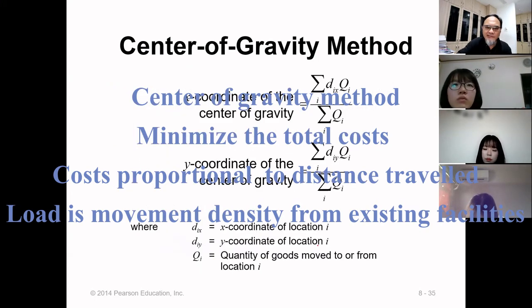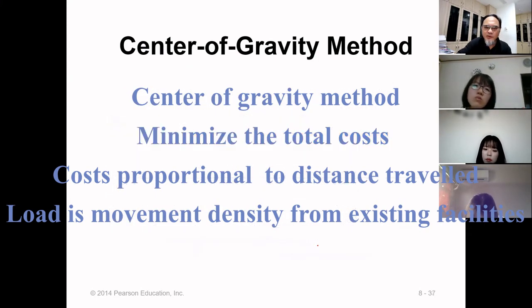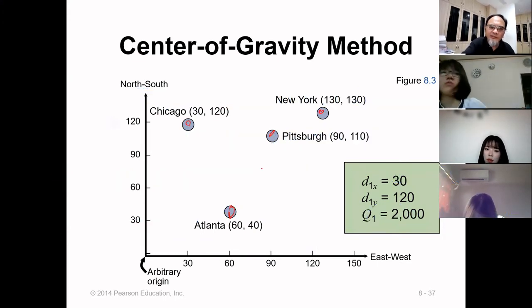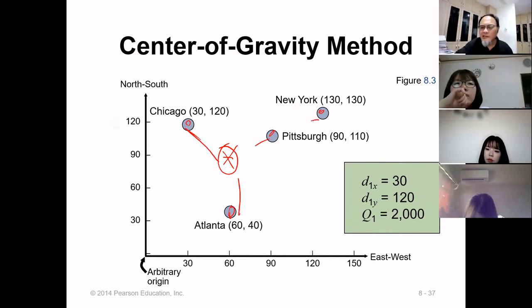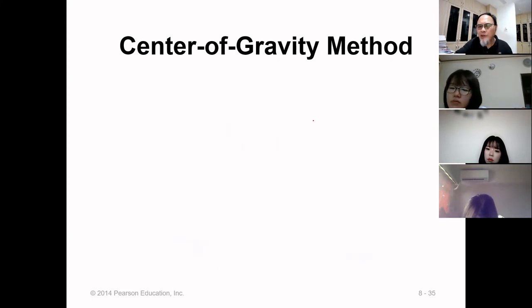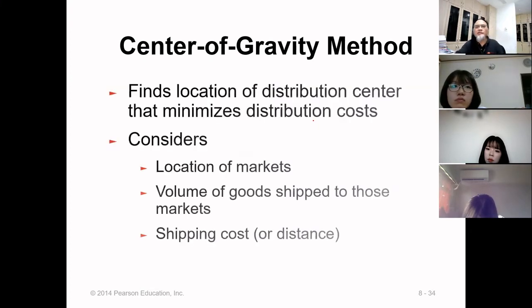There is no graph, sorry. So I want to know, from the existing markets I have, where I should put the center that will minimize the so-called shipping costs.